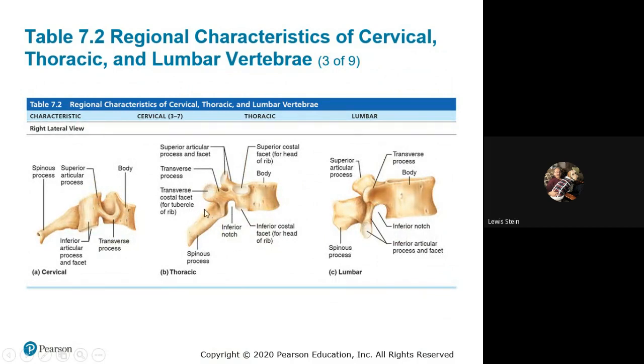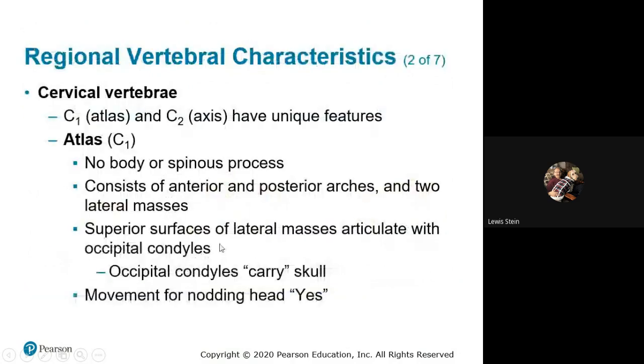This is the distinction, that declined spinous process. And here you can see that sort of short spinous process. I showed you C1 and C2. The atlas does not have a body or a spinous process. It's got these big masses with large condyles that are concave, so they fit those occipital condyles.